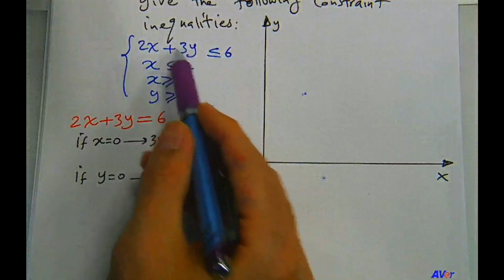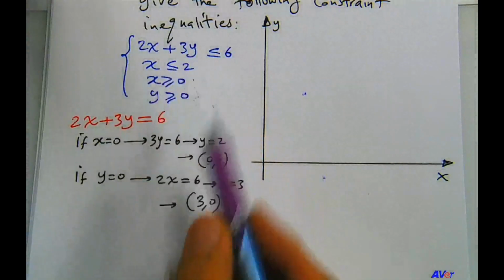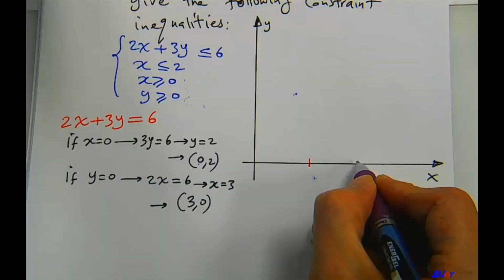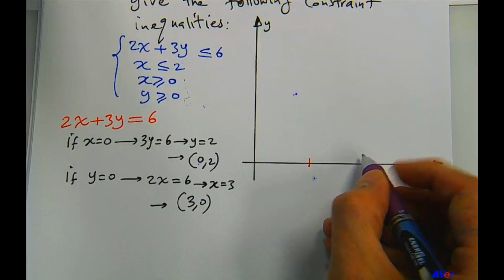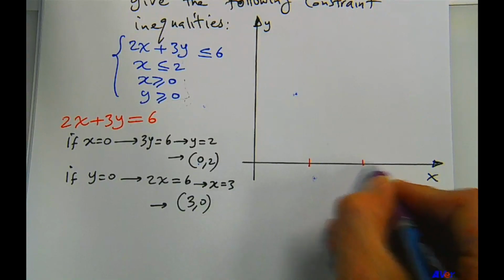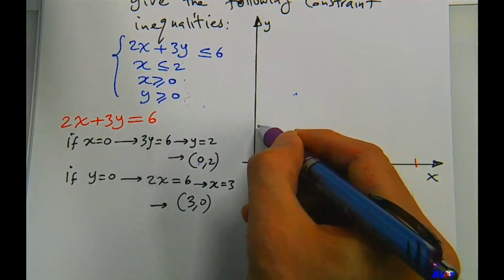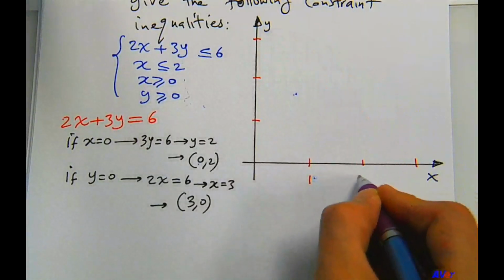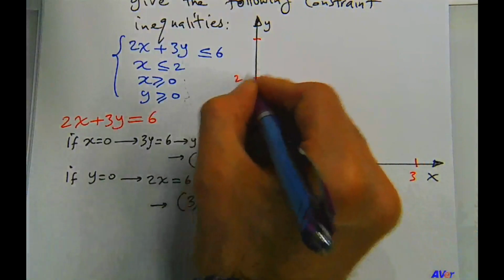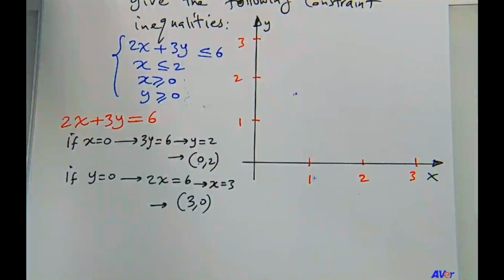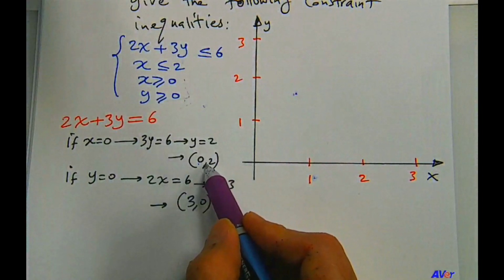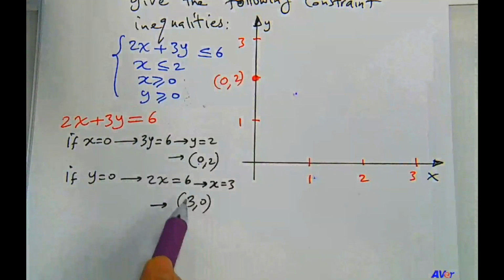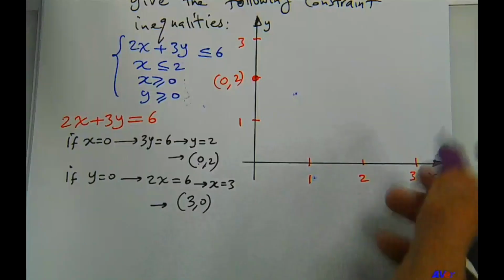And these are easy small numbers, right? So I'm going to make my increments large. Let's say 1, 2, and 3, and then 1, 2, and 3. Okay, so 0, 2 would be that point, and 3, 0 would be that point.